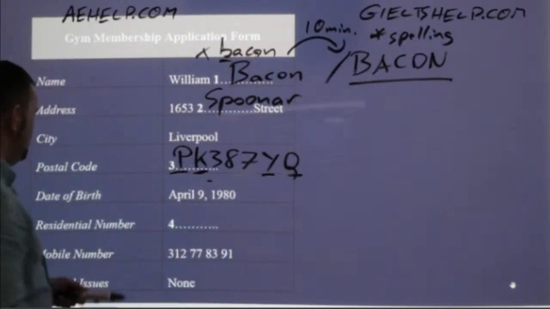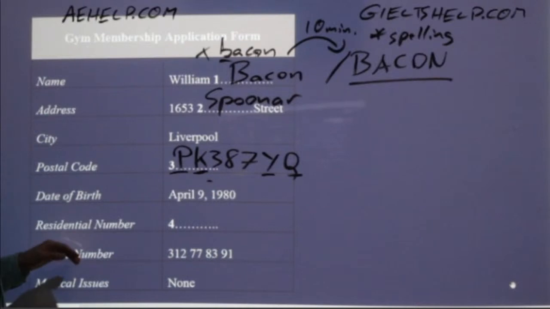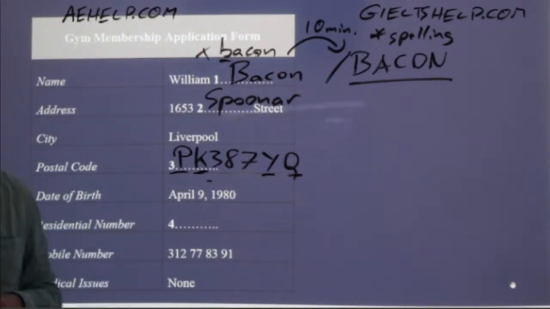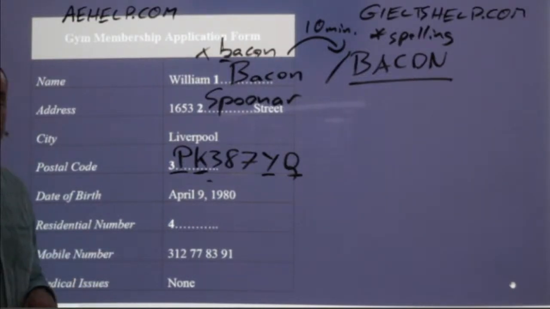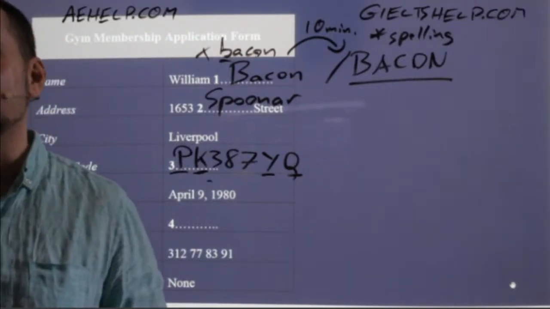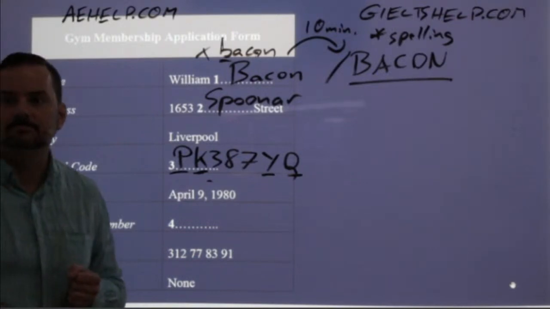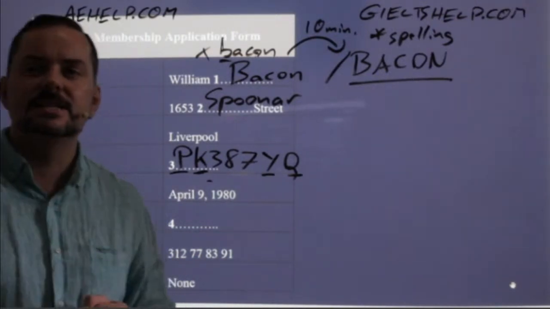Okay, date of birth, April 9th, 1980, good. Residential number was his residential phone number for number 4. What was his residential phone number? So it's a little bit of a tricky one because he gives an interesting answer. Okay. Yeah, so Jagannathan says no number.